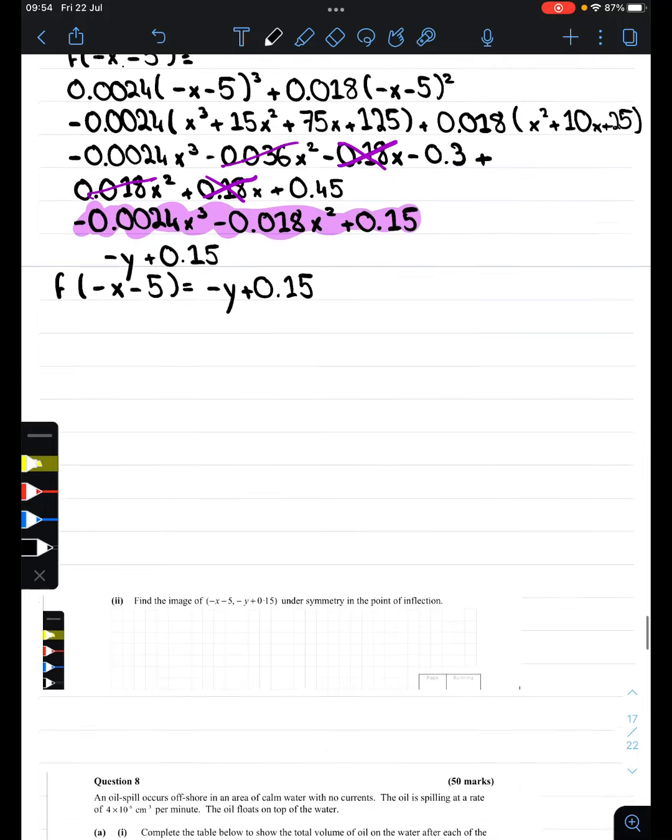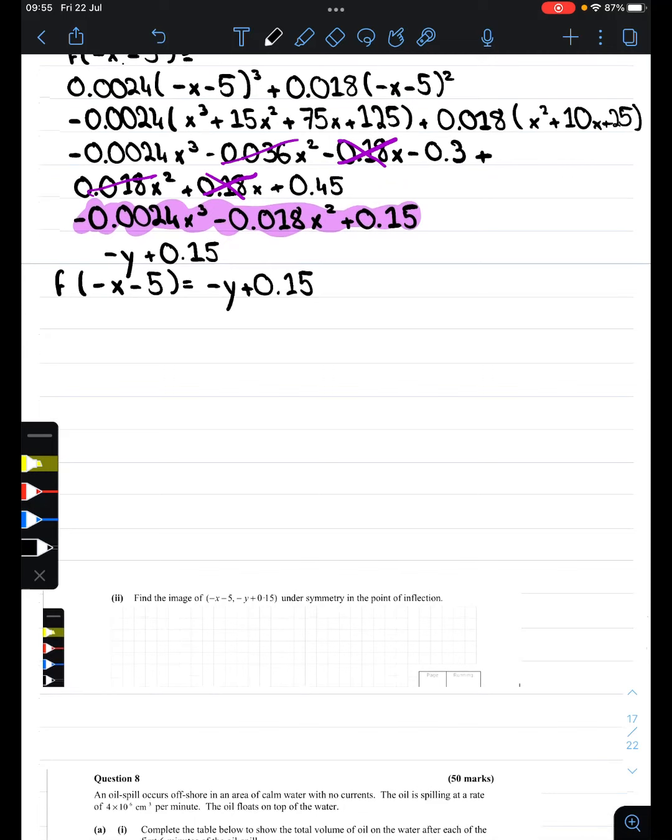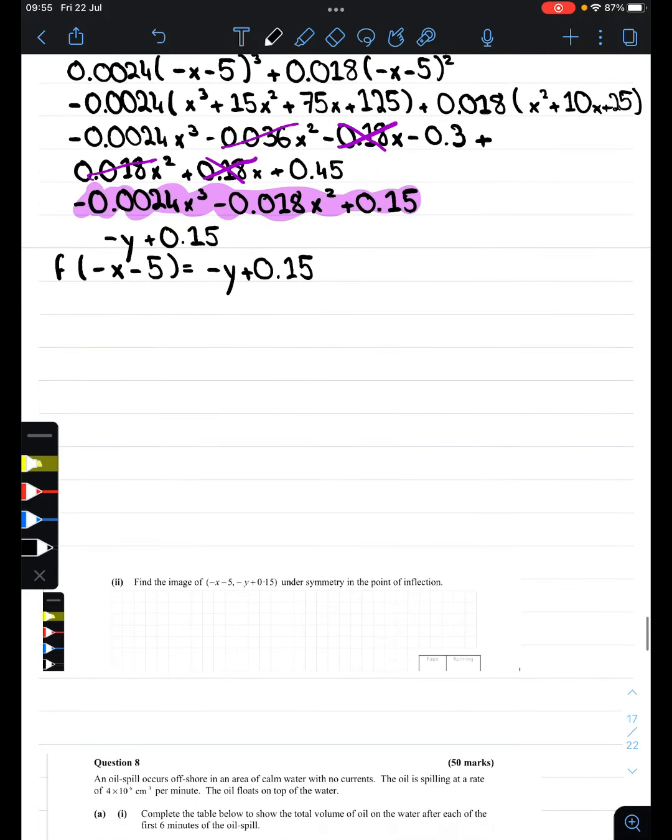And we also know that this is on the curve, because the curve is f of x, and this is f of minus x minus 5. All right, so it's on the curve.